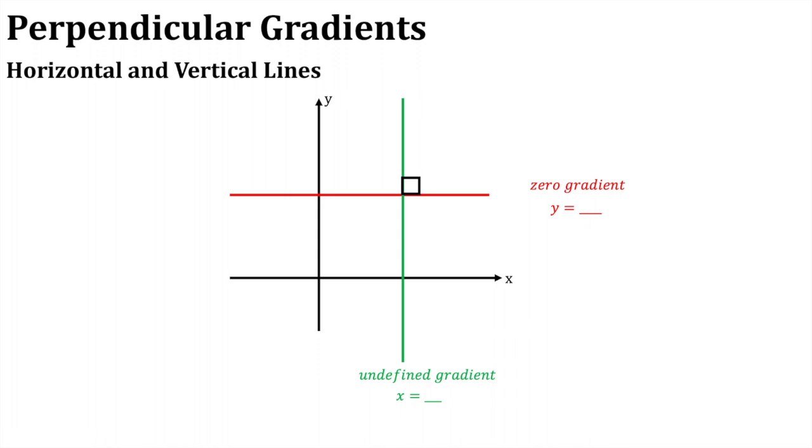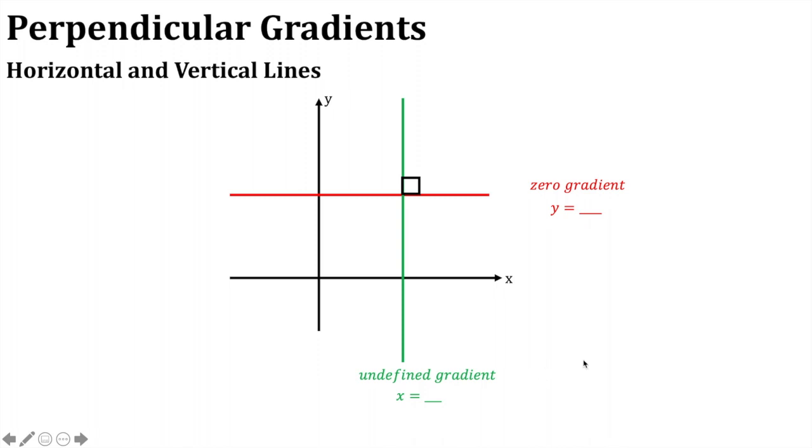So earlier when I asked what is the negative reciprocal of 0, and we realised that we couldn't do that, this is why. Because here's the gradient 0 of the red line, and the line that sits perpendicular to that is the green line. And because that's vertical, it's got an undefined gradient.